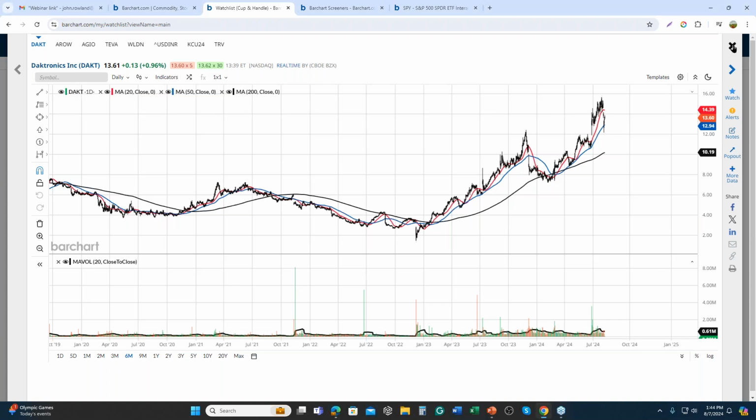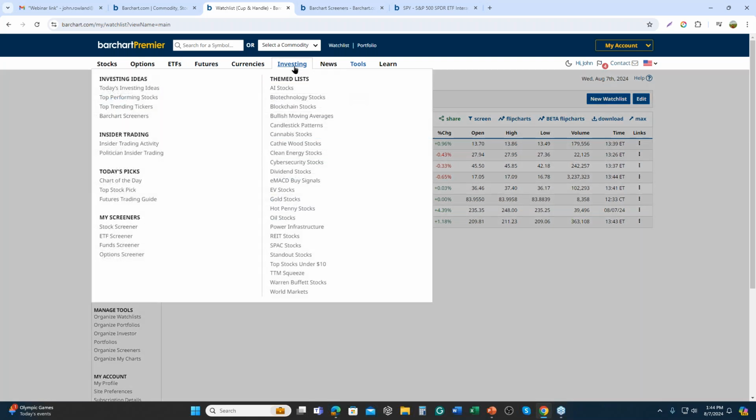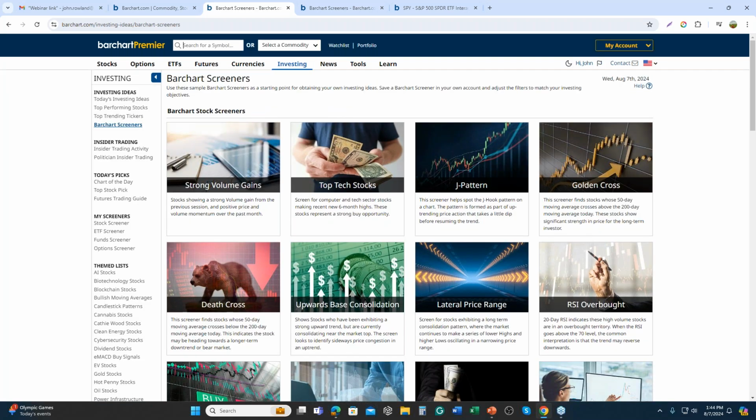So the question is, where can I find my potential candidates for cup and handle? Inside of our website, there is a page called the Investing page, and we have our bar chart screeners. We don't have a screener that is just for cup and handles.